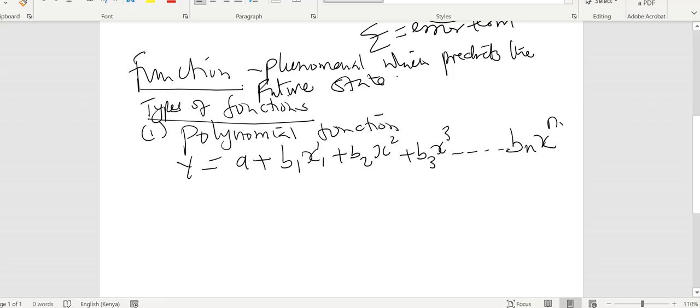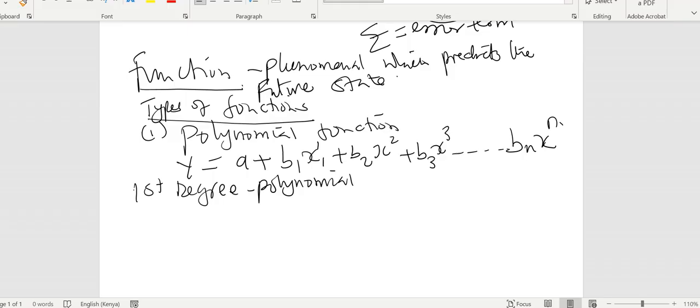Now, what are the types of those polynomial functions? We want to illustrate from here. For example, the first degree, this is what we call a degree. The first degree polynomial, which in this case is this one, the x1.